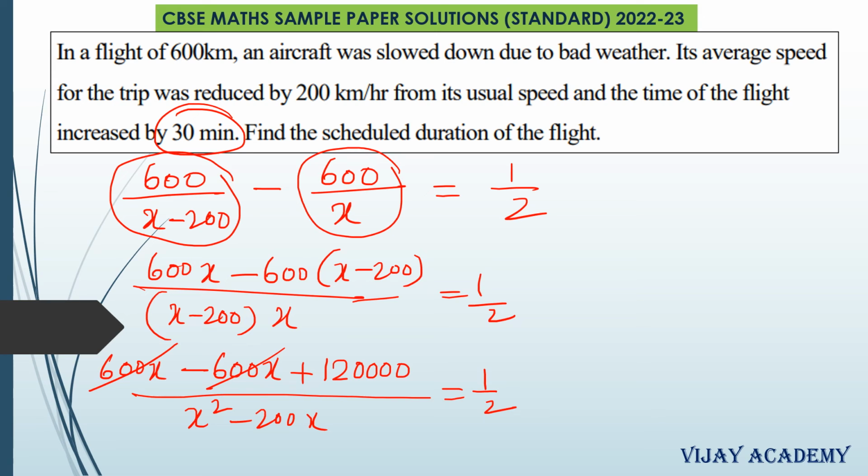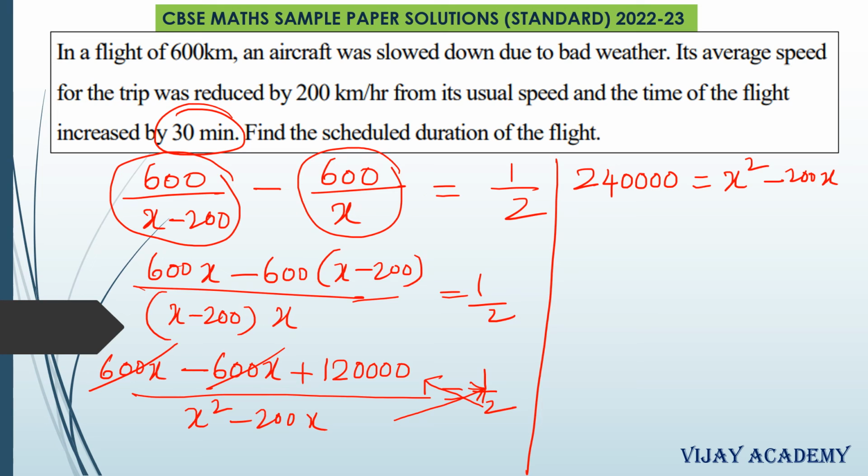Doing the cross multiplication, we transpose 2 to the LHS and x square minus 200x to the RHS. We get 240000 equals x square minus 200x. Rewriting this as a quadratic equation, we get x square minus 200x minus 240000.